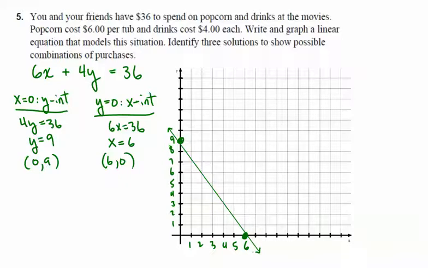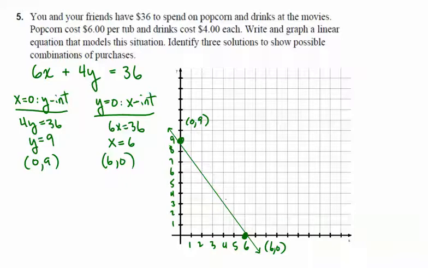Alright, so we know that we want to write and graph a linear equation that models the situation, and we want to identify 3 solutions to show possible combinations of purchases. So we know that we have 0, 9 here, and we have 6, 0 over here. Again, we want to look for some good points.